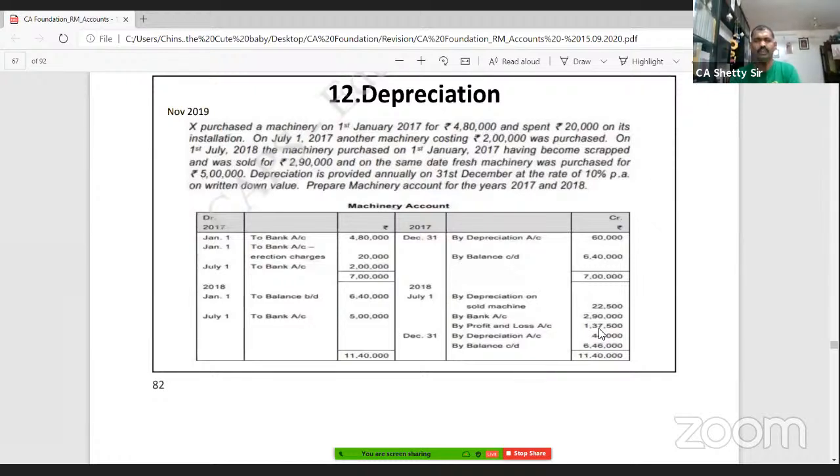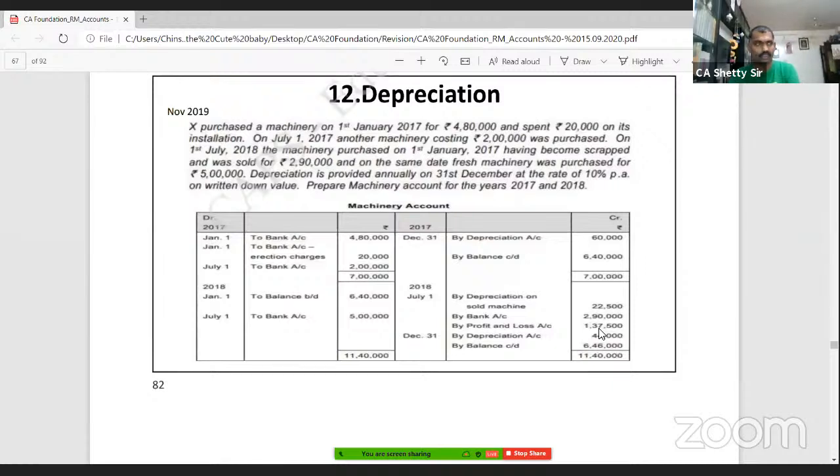WDV included in the machinery account on 1st January 2018 is equal to 4,50,000.